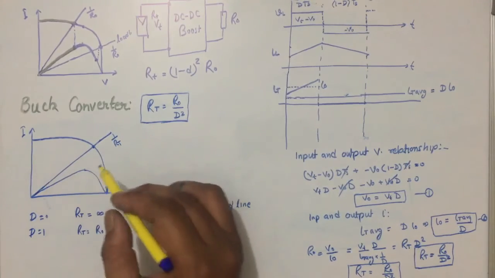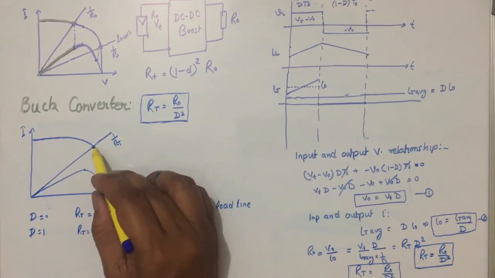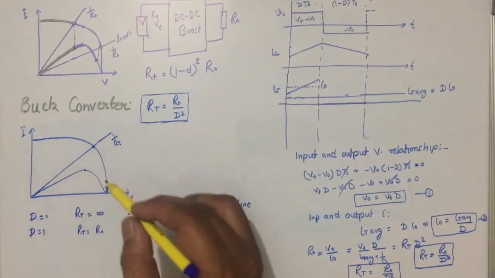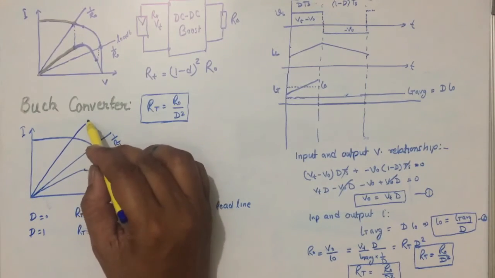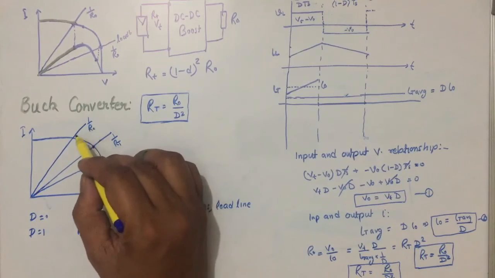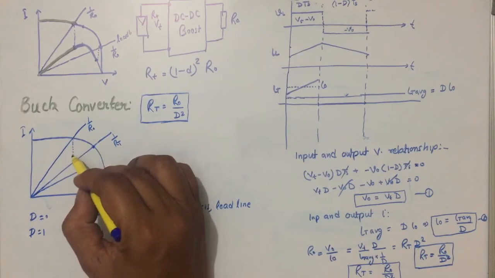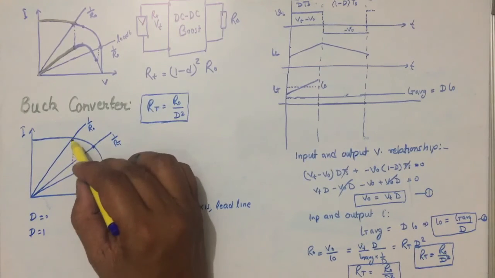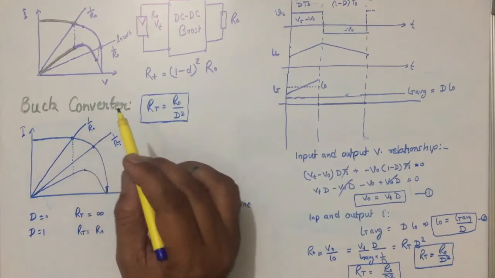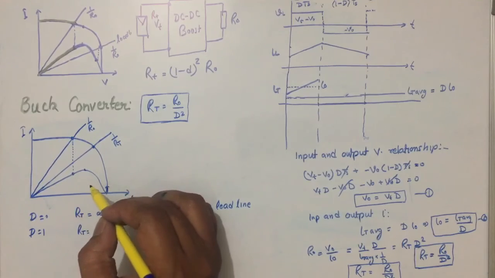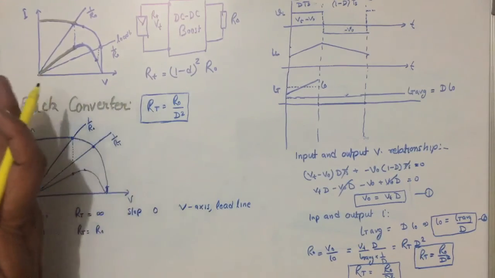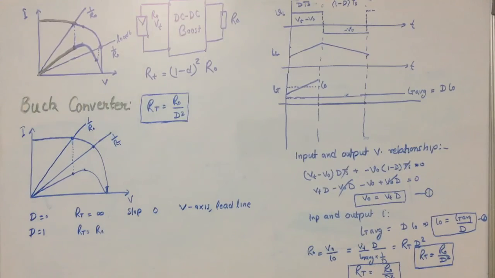Okay, so in this case, for example, this is the load line R naught, and in this condition, if RT becomes R naught, then the point of operation can be this, and this is the power that can be extracted, but this region cannot be achieved.